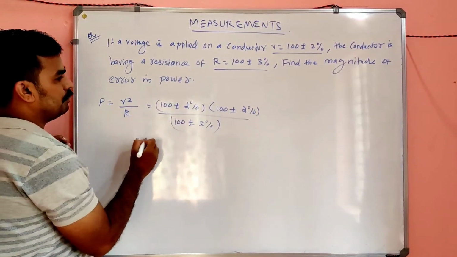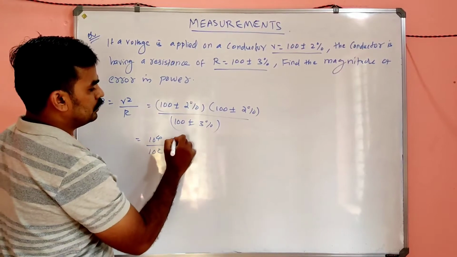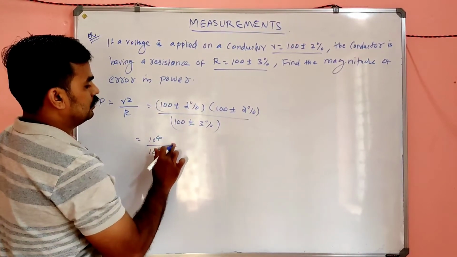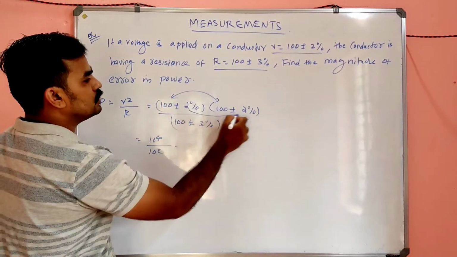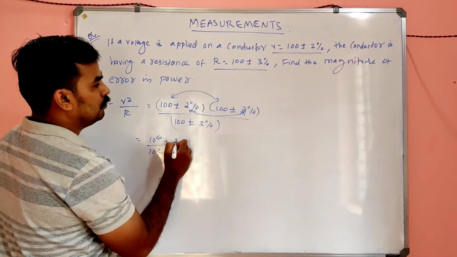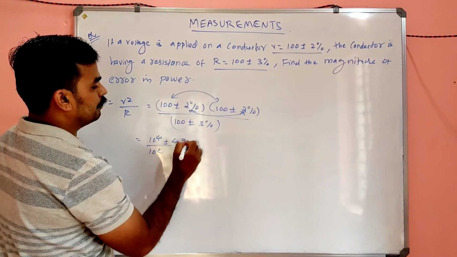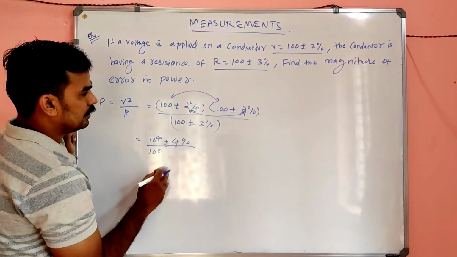So the division will be 10 raised to 4 divided by 10 raised to 2, and for the errors, we add them: plus or minus 4. Division means what is that?